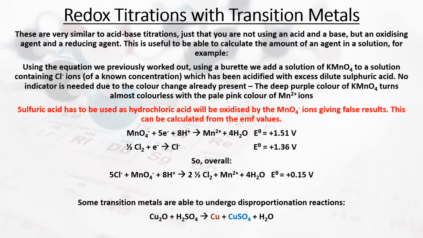Now, some transition metals are able to undergo disproportionation reactions. Now, if you remember, disproportionation reactions are reactions in which one species becomes both oxidized and reduced. So it's not like in these examples that we've had above here, where, for example, the manganate ion gets reduced and chloride gets oxidized. That's two separate species, one of them being oxidized, one being reduced.